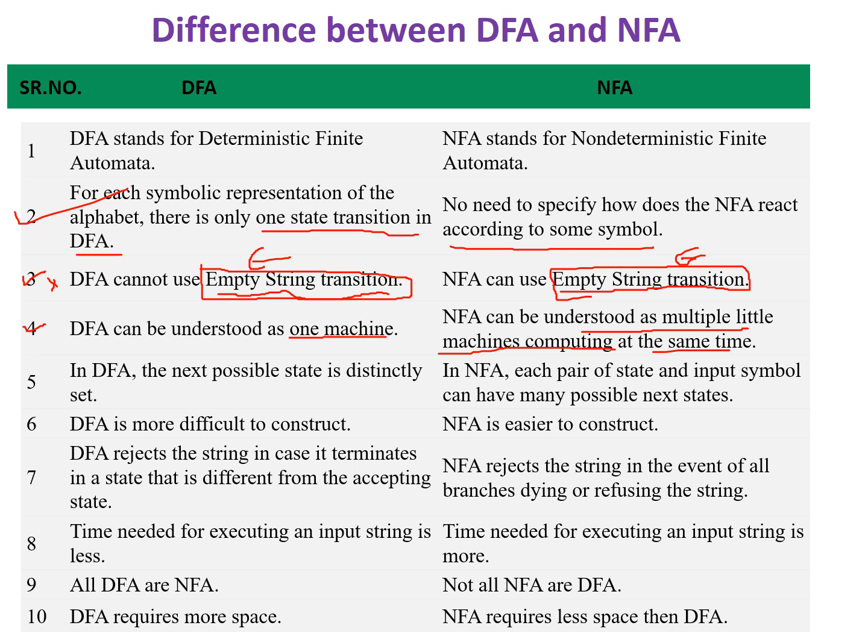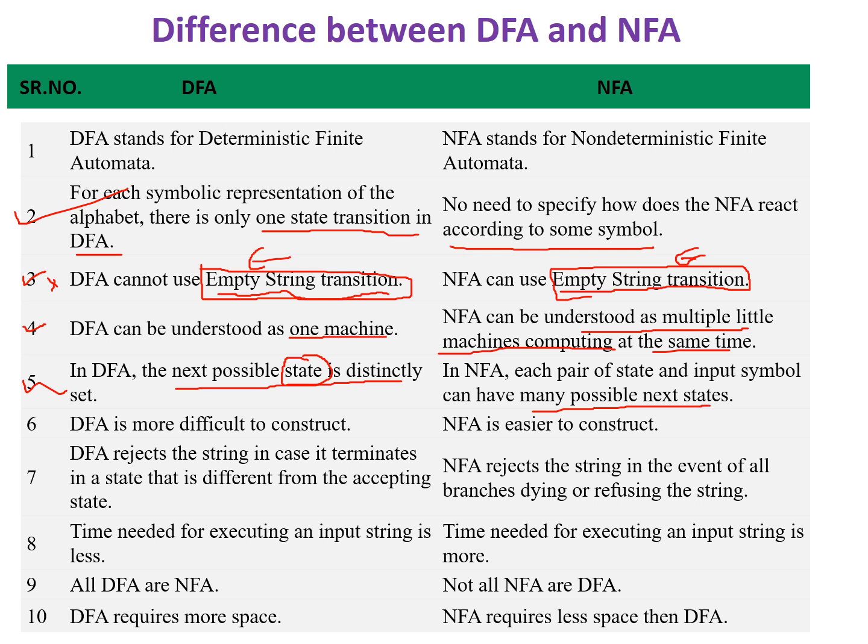Okay. The fifth point: in DFA, the next possible state is distinctly set. It is always deterministic. You can predict what the next state will be on a particular input symbol. Whereas in NFA, each pair of state and input symbol can have many possible states, right?